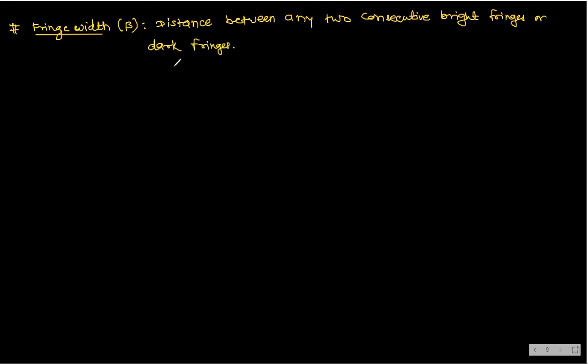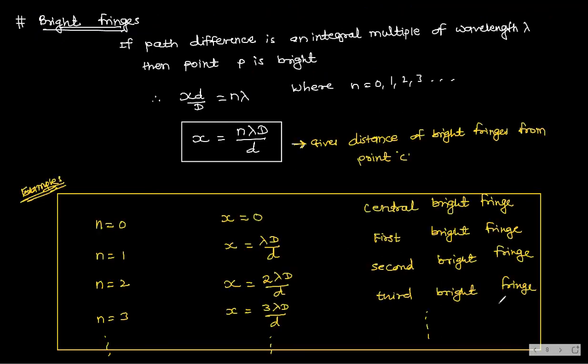And see what is the formula of this fringe width. Fringe width beta is equal to x2 minus x1. So that is equal to 2 lambda D by d minus lambda D by small d. The backside formula I have given: second minus first.